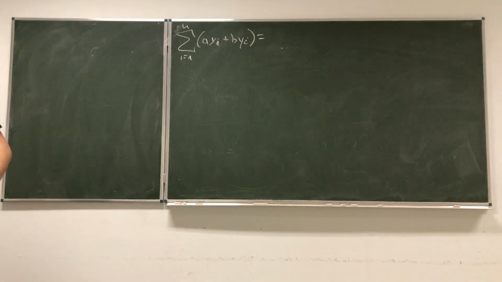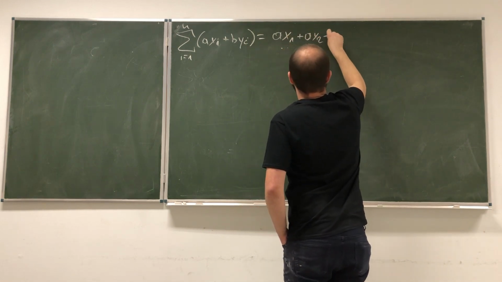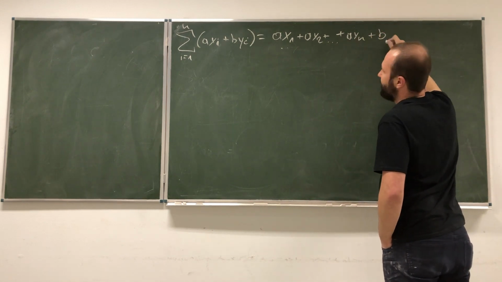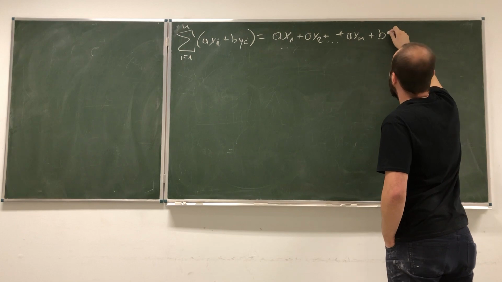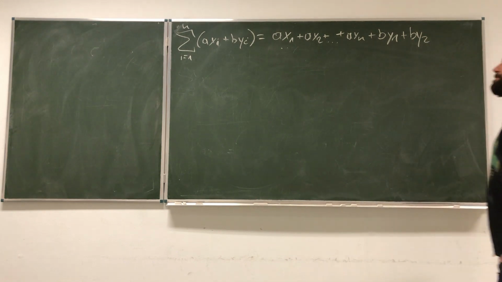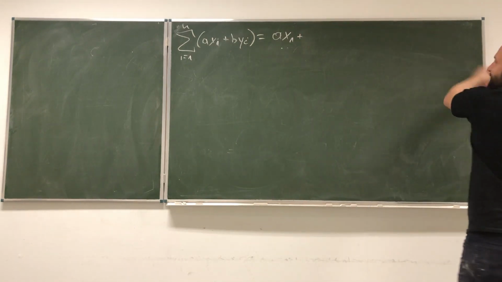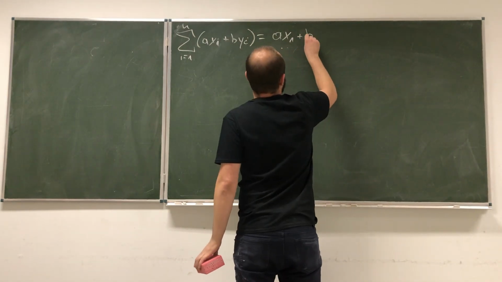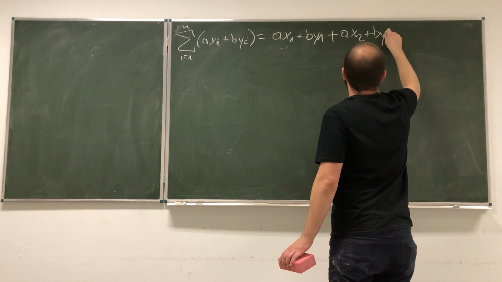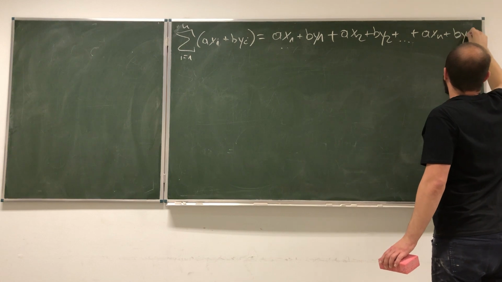Okay, let me rewrite this a little bit. I get that this is a x1 plus b y1 plus a x2 plus b y2. Actually, no, I'm cheating here. This should be done in the second step. Look, first it should be done like that: a x1 plus b y1, a x2 plus b y2, plus until a xn plus b yn.